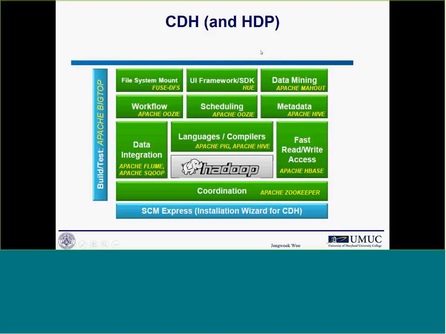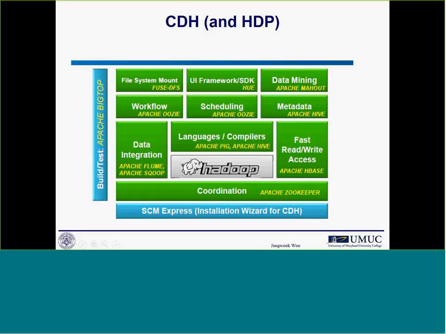Normally the Cloudera CDH and Hortonworks HDP provide all these ecosystems. So if you download and install CDH or HDP, you have all of them at the same time. So you can install it in 30 minutes on your systems. But your system should be a server. If you want to install it on your laptop or desktop computer, it doesn't have enough resources.